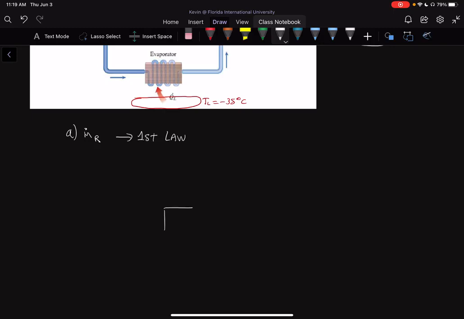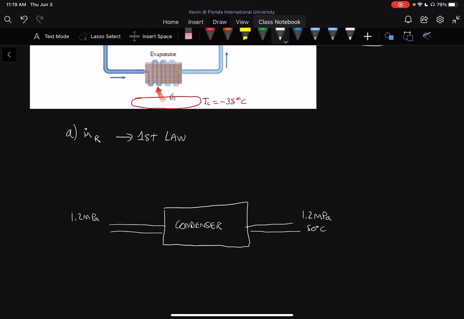If we have the condenser, we can say that essentially the condenser is some sort of heat exchanger where we have one side coming in through here, coming out through there. This is the R134A. And we know the R134A is coming in at 1.2 megapascals and 50 degrees Celsius, and we know it's leaving at 1.2 megapascals, the same pressure, and 5 degrees subcooled.